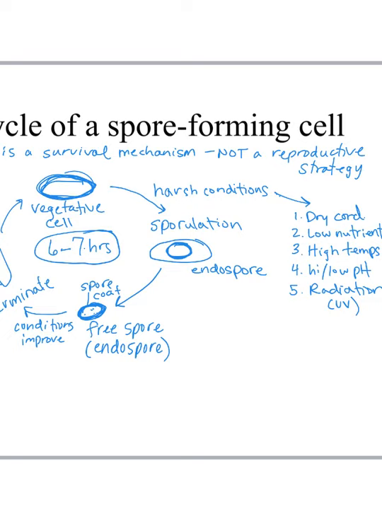We think that a lot of cells, whether they encounter harsh conditions or not, just regularly go through this spore cycle. So that if environmental conditions do change rapidly, even though most of the vegetative cells would die, if there happened to be a few spores in that cell population, those would withstand the harsh condition and then be able to germinate when those conditions improve.